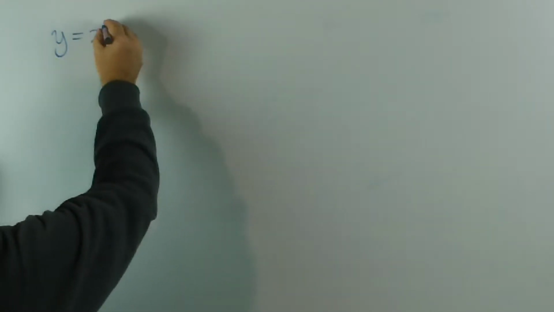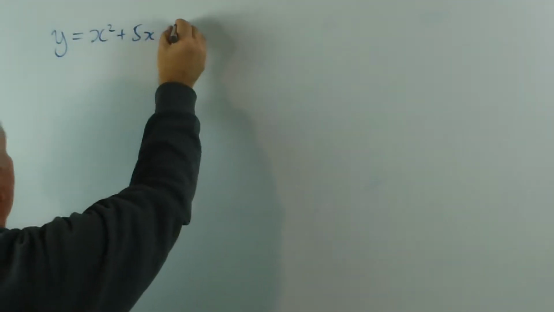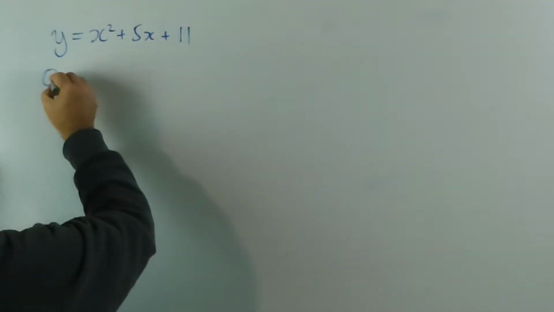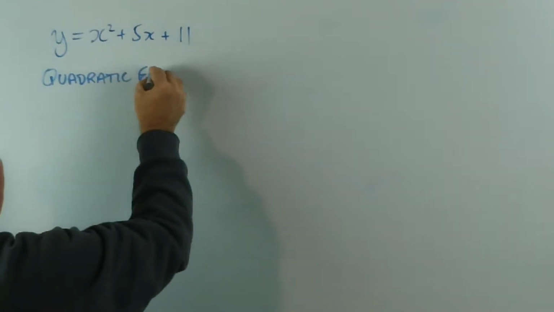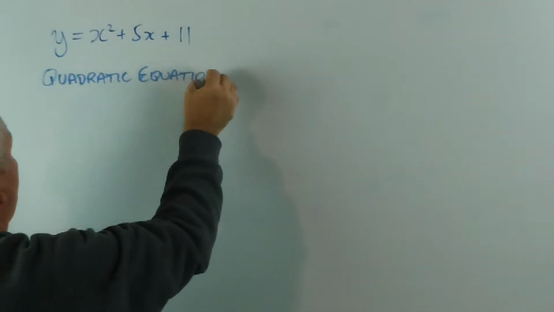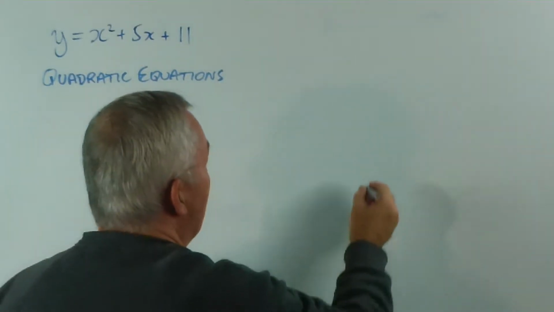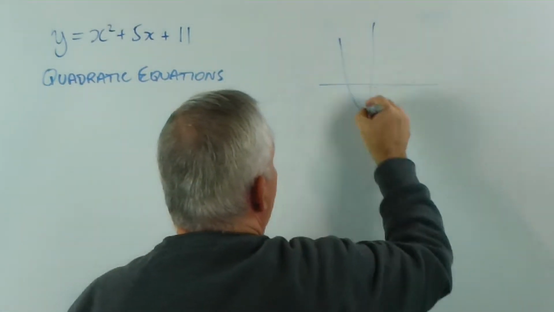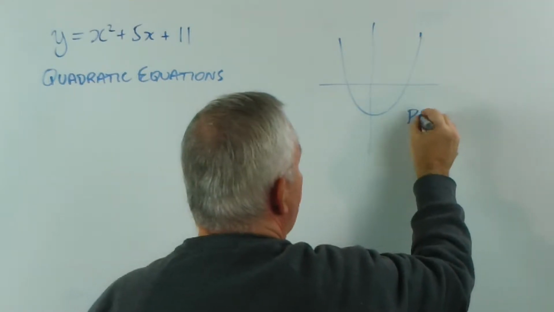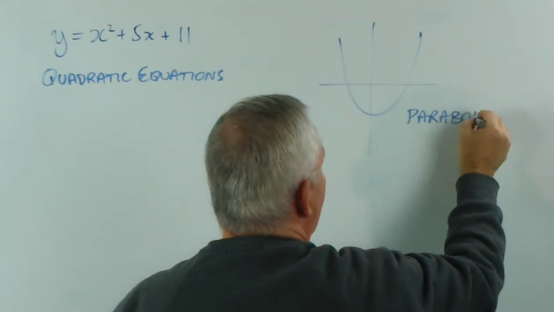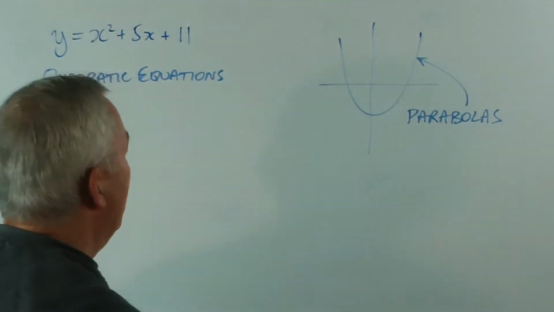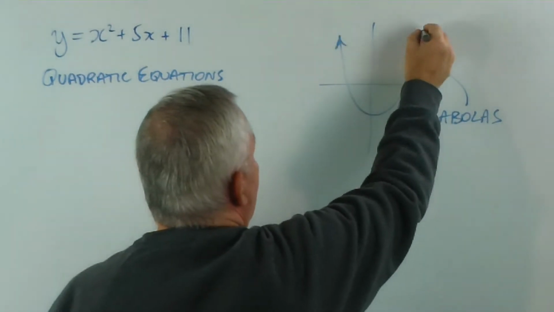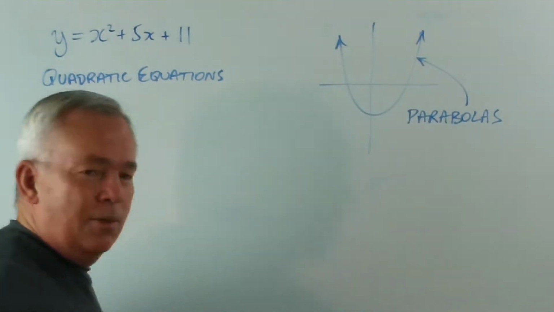First of all, the equations that we have are called quadratic equations. The graphs they create are called parabolas. Or at least that's the name of the curve on the graph. We put arrows on to show that we're intelligent people.